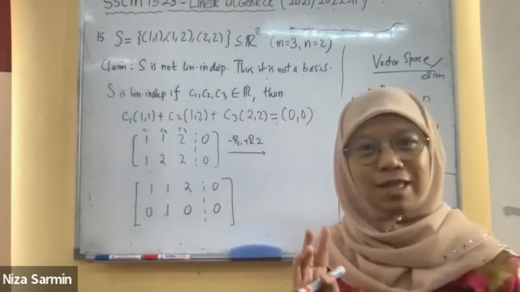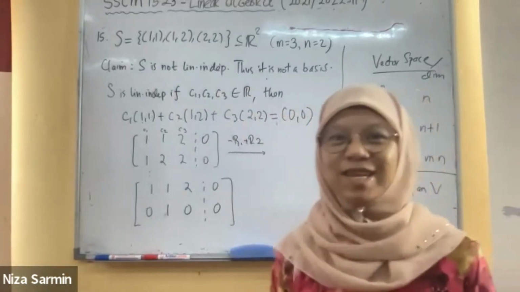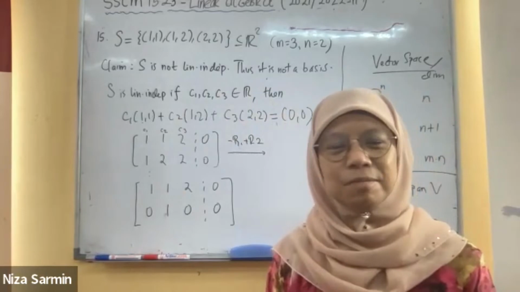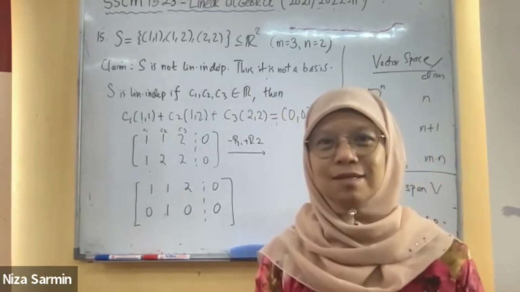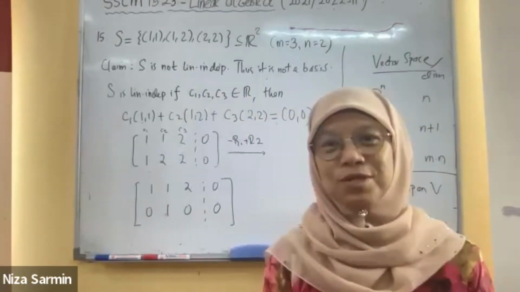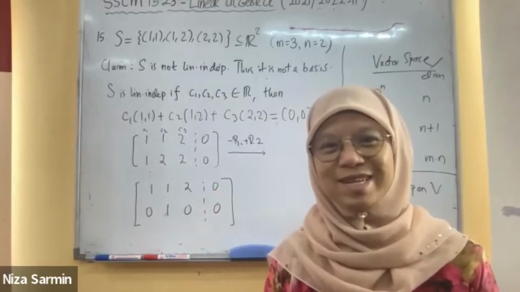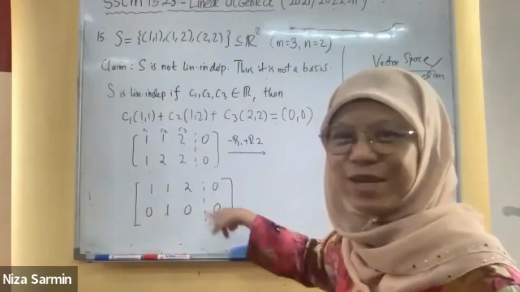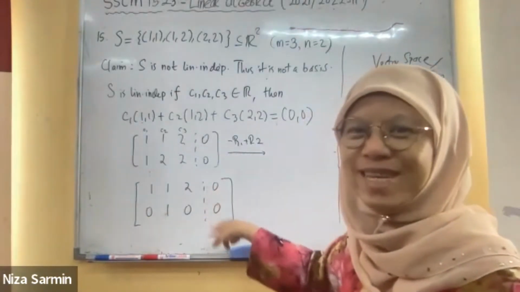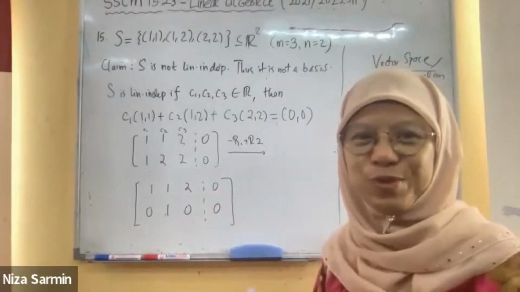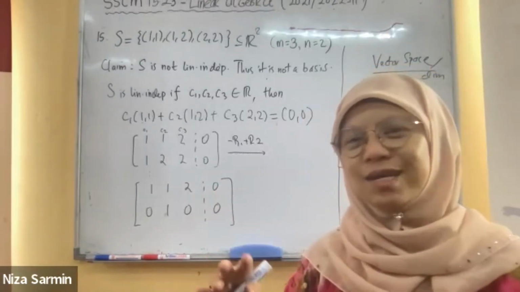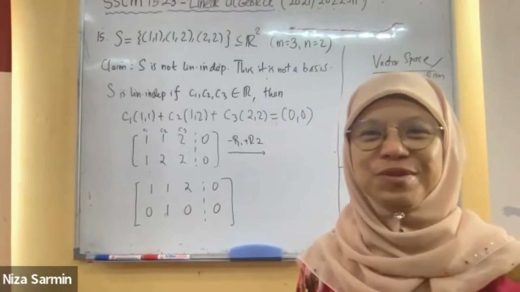You know, this second case of linear independence is much, much easier than the first one, because it is all equal to 0. This is always 0. Whatever you do with row operations, it will always be 0.